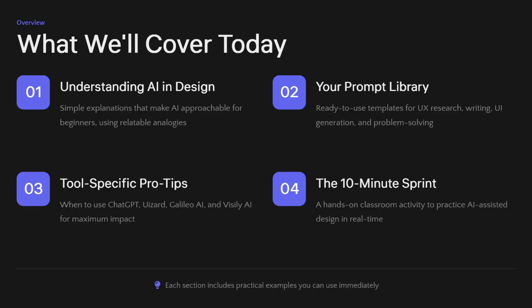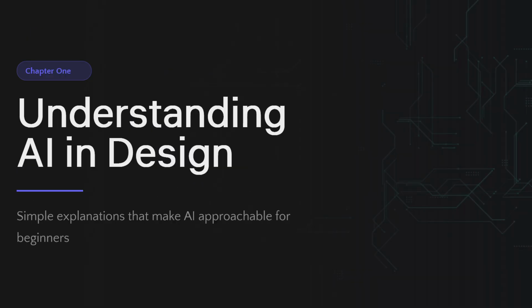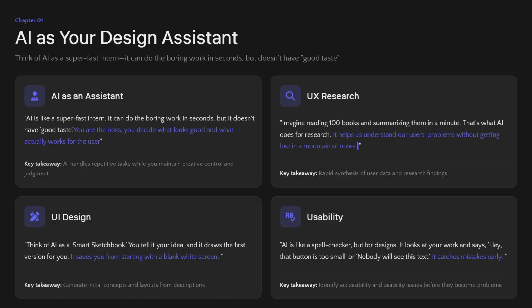Okay, so first of all, we're going to do the first part, which is chapter one, and that's understanding AI in design. So now, AI is not taking over everything. Basically, it's your assistant when you're designing.